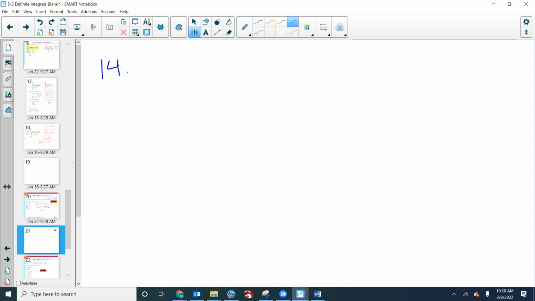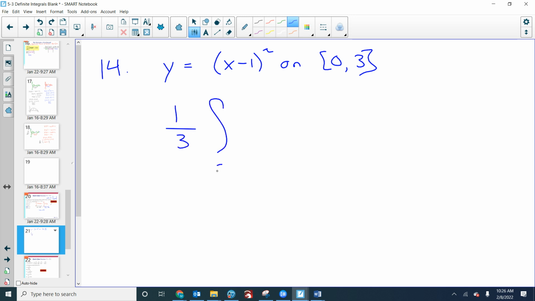14. Average value is 1 over 3 times the integral from 0 to 3 of x minus 1 squared dx. Do you know an antiderivative rule for that?